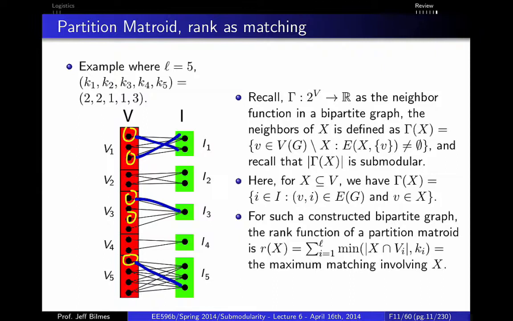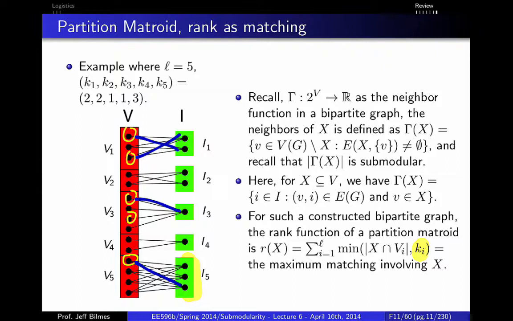So the independent set is the rank. And the Ki, this is important to realize in case it's not clear, which is the block limit within a particular block of a partition matroid, corresponds to the number of nodes in the grouping on the right-hand side.